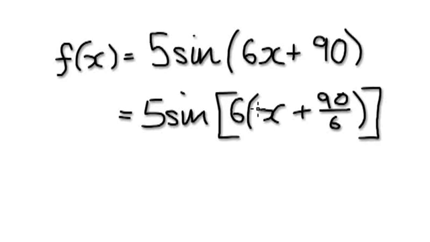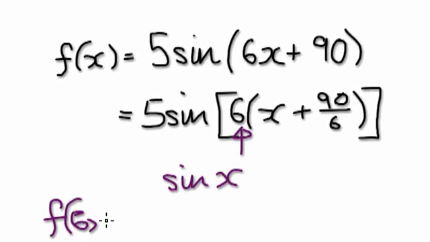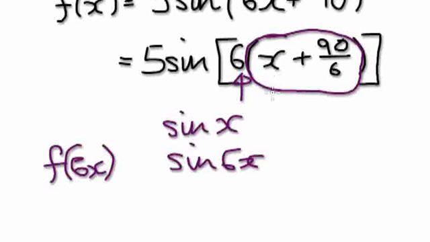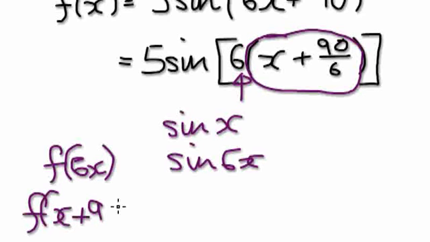We have to write it like this because later on we're going to start off with sine of x, and then we're going to apply the transformation 6 of x. That will give us sine 6 of x, and then later on, can you see that because it's like that, we know inside our mind that we can apply this transformation 90 over 6.